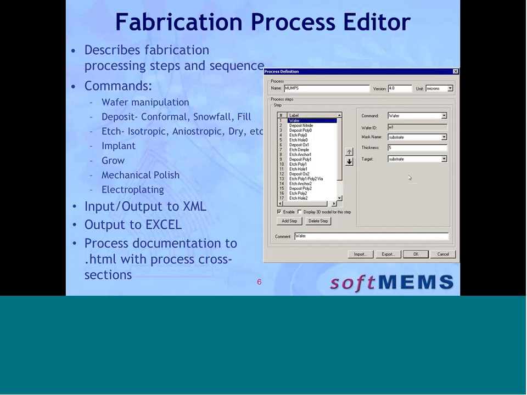But if you would like to program the tool, we can also allow you to import and export XML descriptions of the fabrication process, or we also have an output to Excel. So if you'd like to communicate the information between the CAD tool and, say, your fabrication process sequence with the folks that work in the fab, you can perhaps use Excel output to communicate this information.